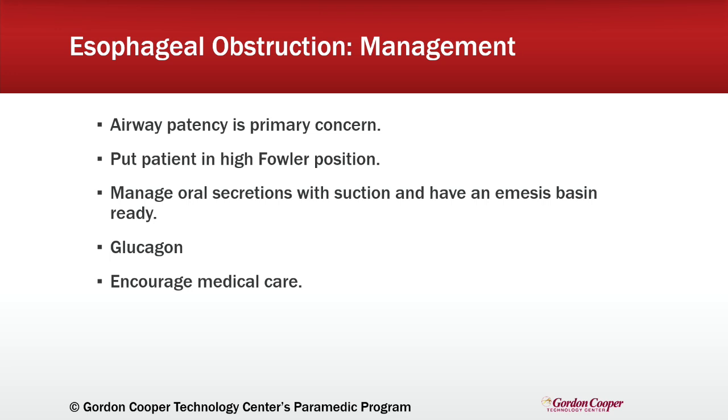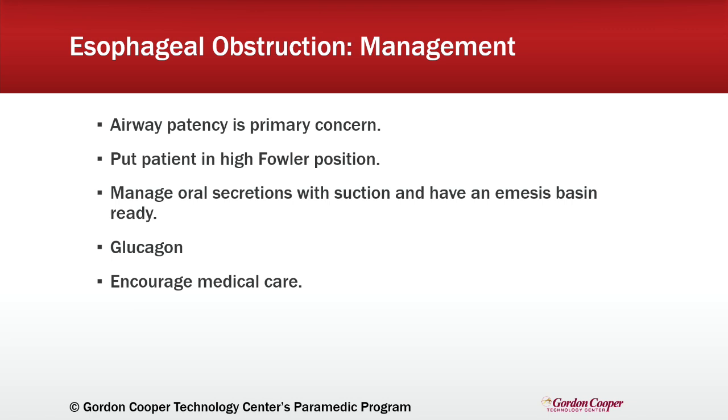If there's an obvious airway compromise, you may have to consider more aggressive interventions and more aggressive airway management. Glucagon, again, is one of those things we could consider if it is within the protocol and medical direction approves it, because glucagon can relax the musculature of the esophagus, and it may allow that object to pass on down into the stomach.